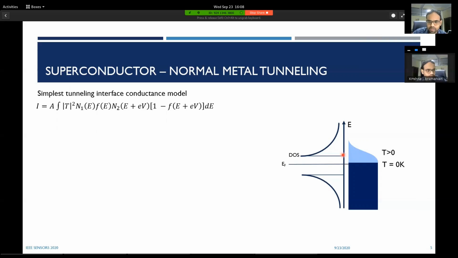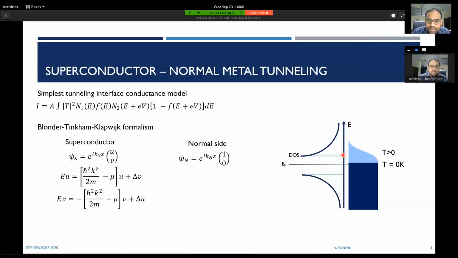Right. However, to actually calculate the transmission probability at the interface, one has to go through what is called the BTK formalism, where the normal electron is described as a wave function having both an electron and a hole component which are independent. However, a superconductor has an electron and a hole component which are mixed using the Bogoliubov transformation. Right?